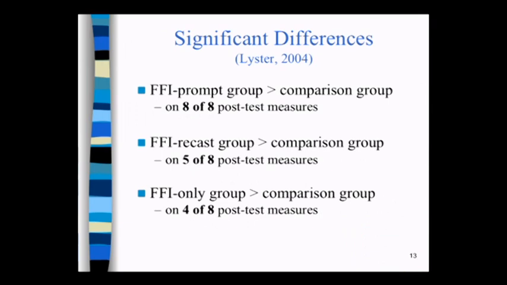So we found more benefits for the prompt group than the recast group, as we had predicted. The prompt group outperformed the comparison group on all post-test measures, 8 out of 8. The recast group outperformed the comparison group on 5 out of 8 measures, and the instruction-only group without feedback outperformed the comparison group on 4 of the 8 measures.